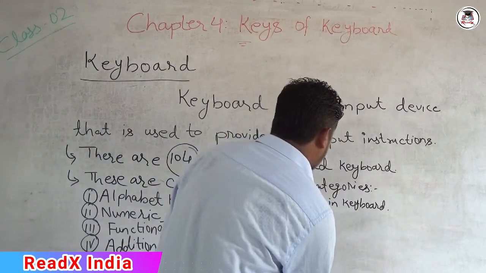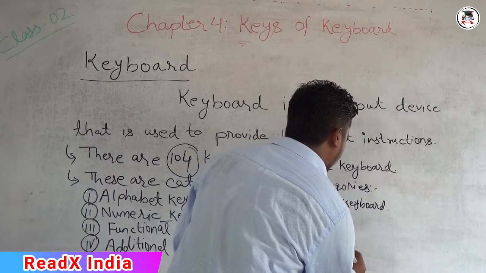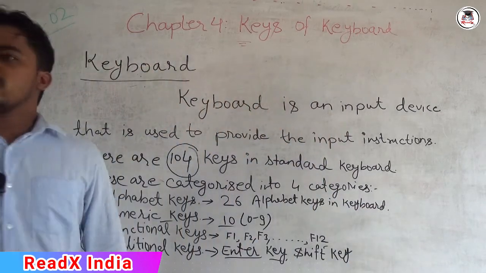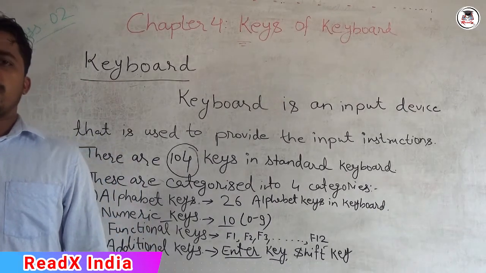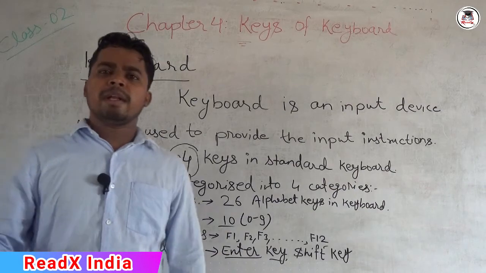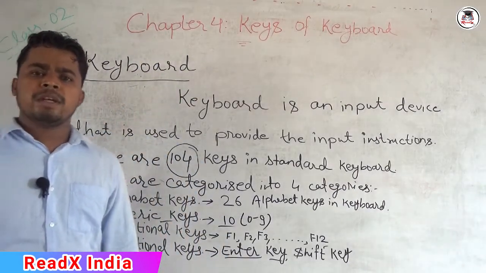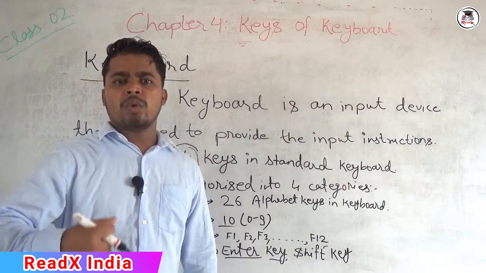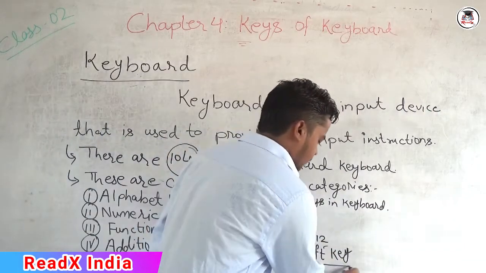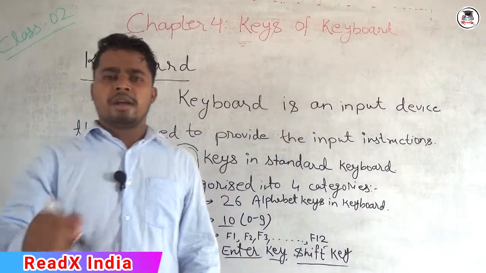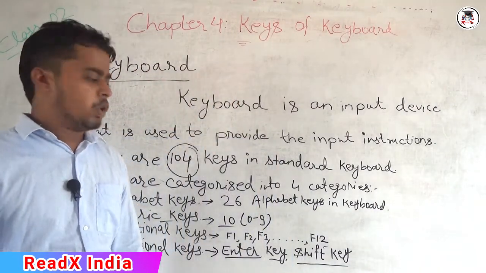Now another key we do have, that is shift key. So using this shift key, what you can do? Suppose you are typing something in a small case letter and you want to type that in a capital letter, you can use the shift key. Just press and type. In that way you can type the letters in a capital.